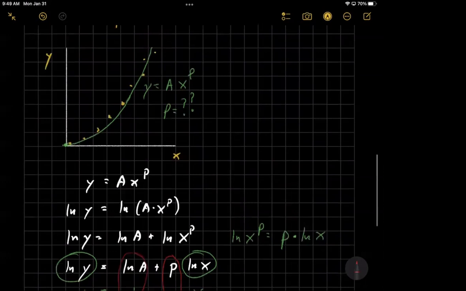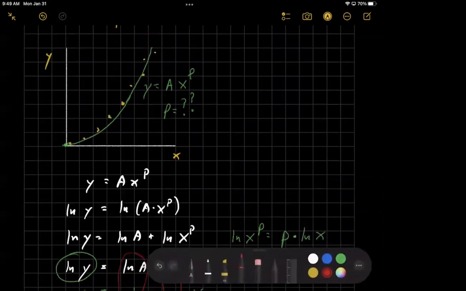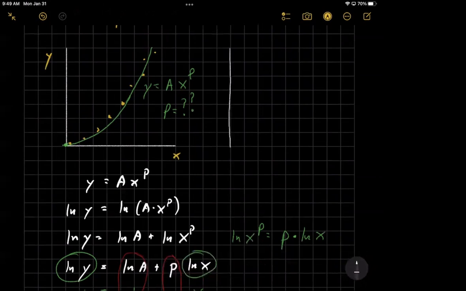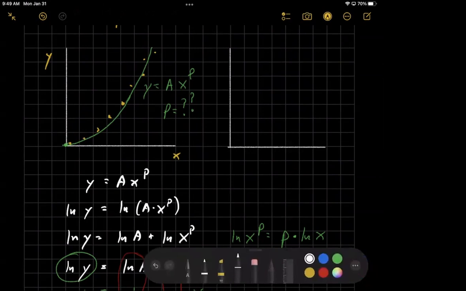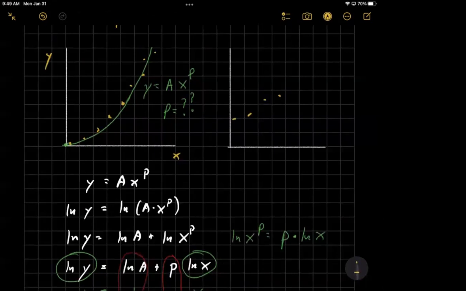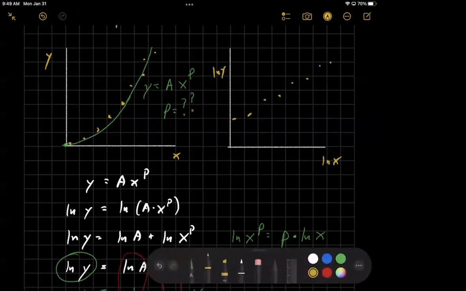So if we were to graph this original data logarithmically, let me put in a side-by-side graph here. If I plot the data, it should end up being something more like this now, where this is ln of y and this is ln of x, and we would get a nice line through the data.